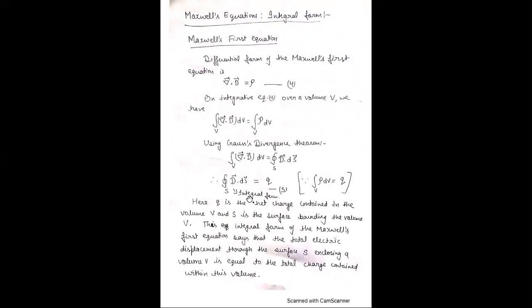And this is the integral form of Maxwell's first equation. Here Q is the net charge contained in the volume V, and S is the surface bounding that volume.